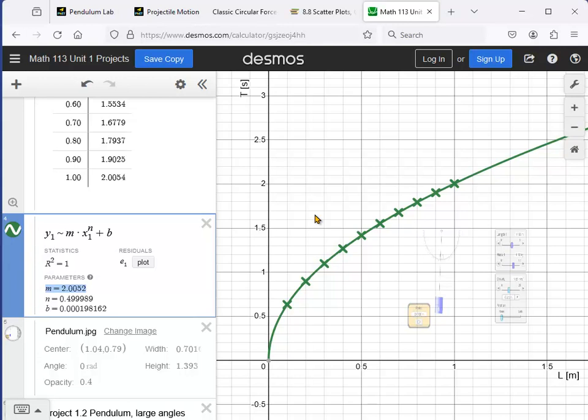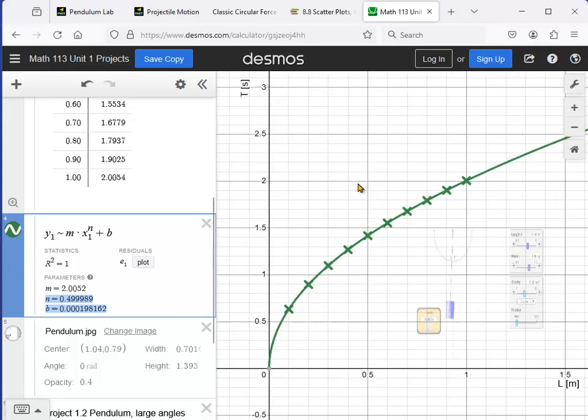Incidentally, it's not exactly 2. This one, on the other hand, really is a 0.5. So it's roughly 2.005 times x to the 0.5 power. And I will show you that later as well. And this one here is so close to 0, it truly is 0. It's supposed to go through the origin down here, and that's why it says 0.